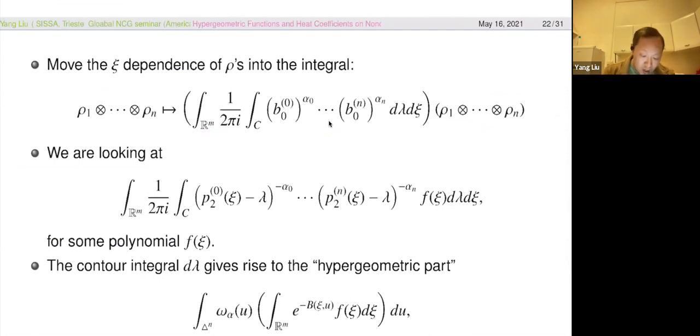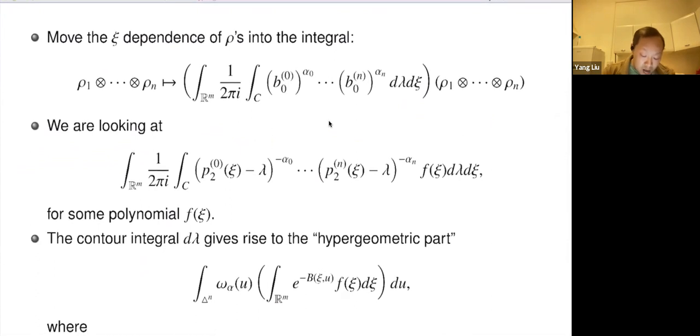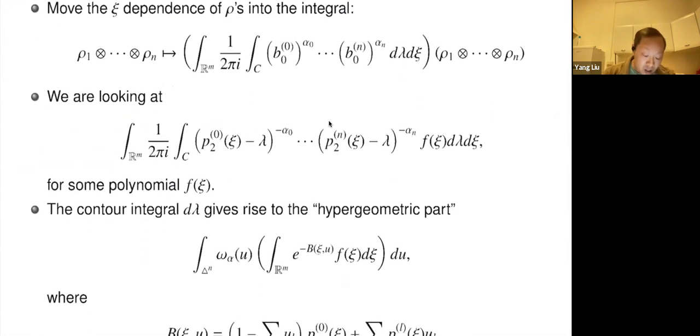Basically there are two steps: this contour integral and integration in the psi variable. First of all, let's say we have a lemma which takes care of this contour integral, which leads to this hypergeometric part.